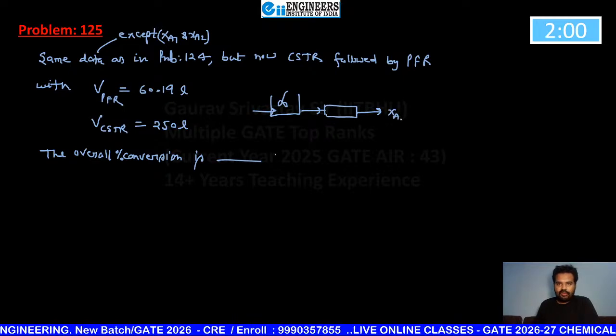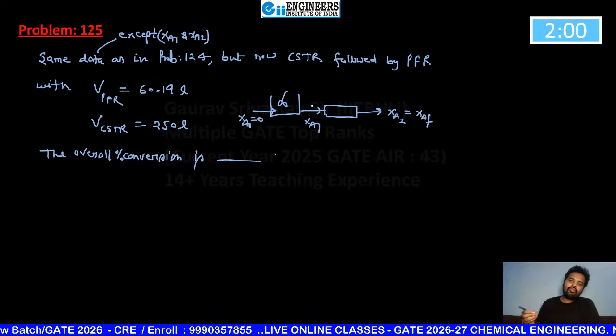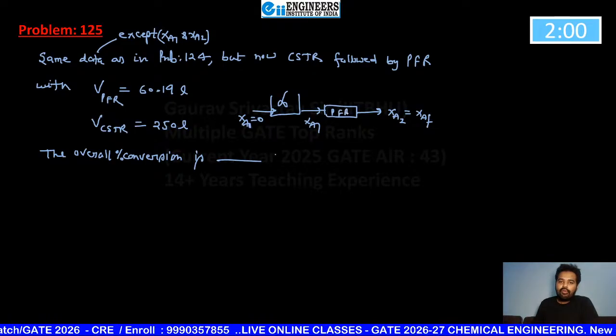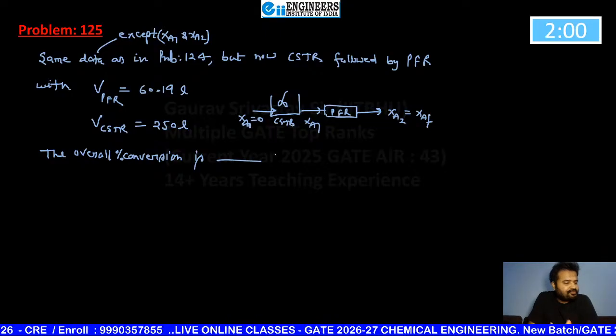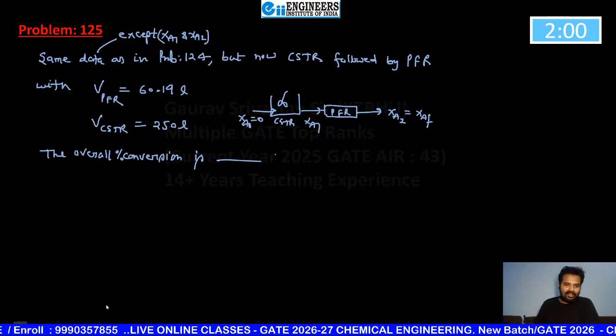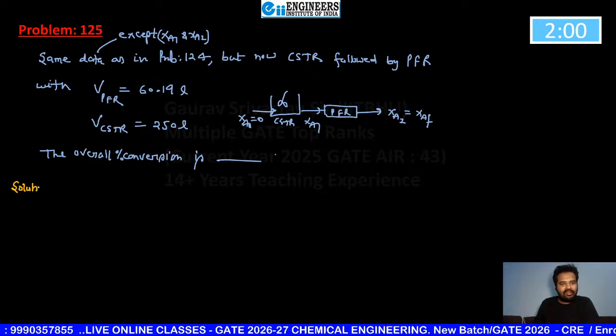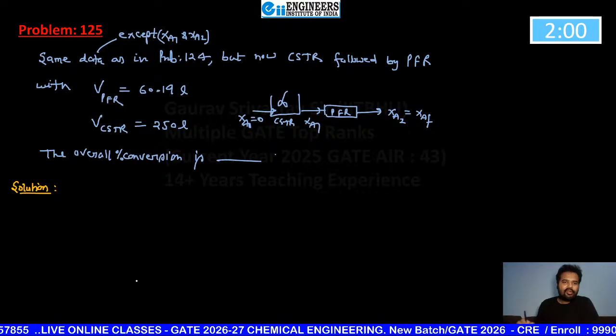So I'm asking this overall conversion, that is XA2, that is XAF, final conversion. And it is clearly mentioned, with same data. So please solve it quickly. I'm also starting to solve because just 1 minute is left in today's lecture. So please don't cheat, don't look at the slide, and do it.